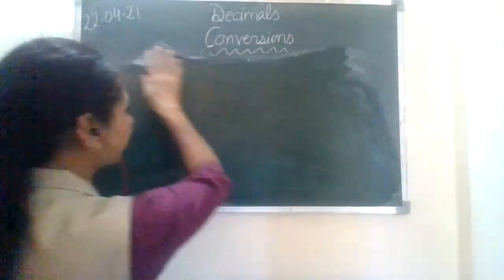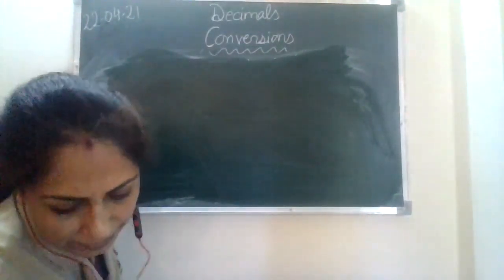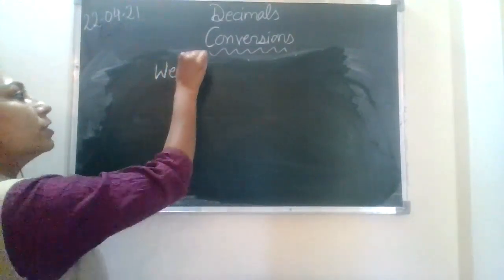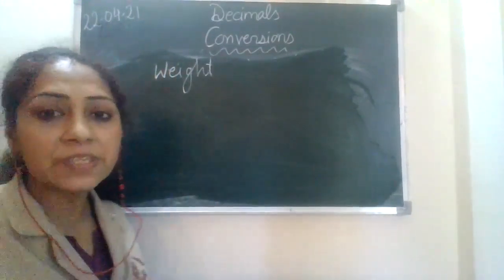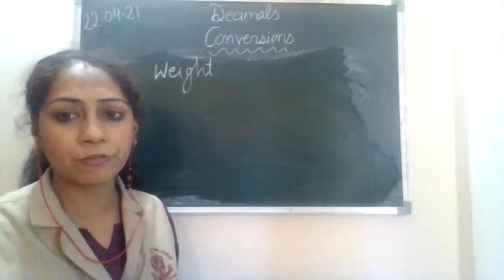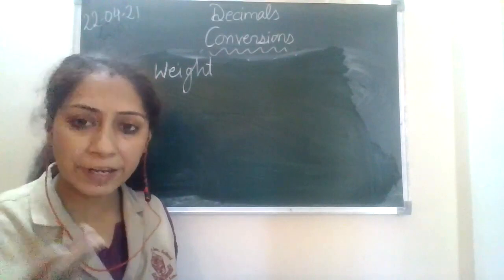Now see carefully. The fourth unit is weight. You have heard of grams and kilograms, but beyond grams there is also a smaller unit, the milligram, in which you buy gold.